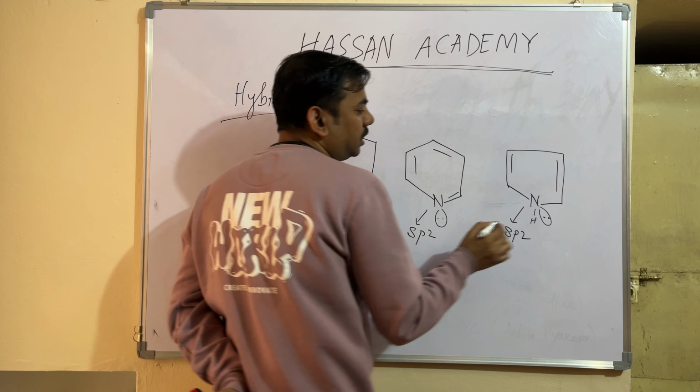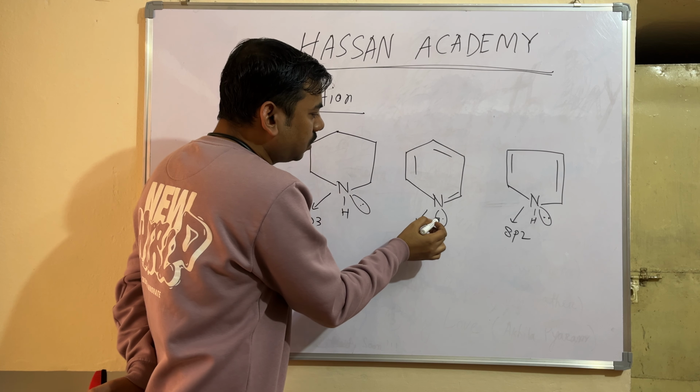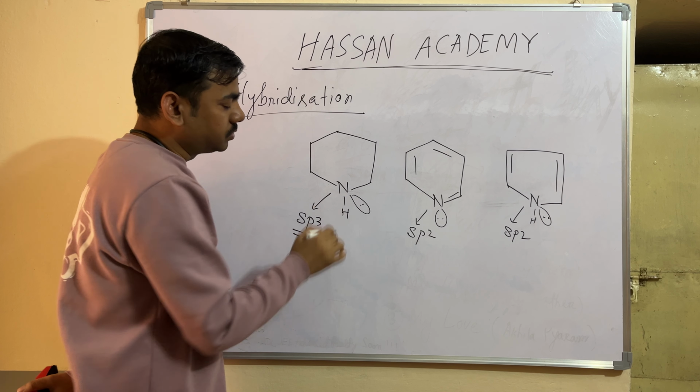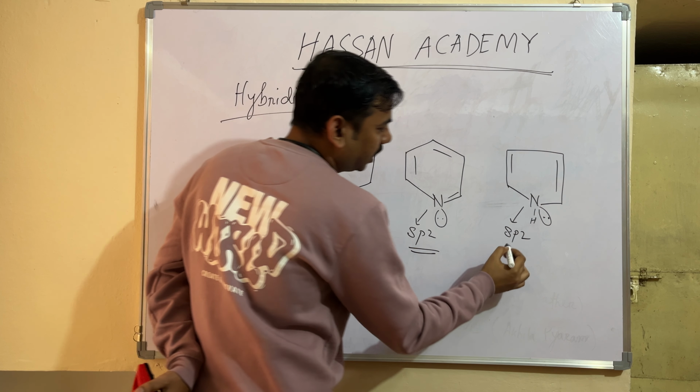You have to count only the 3 sigma bonds, because that lone pair is under conjugation, so you cannot count it. Here the lone pair is not under conjugation, so we are counting the lone pair also. So now you see here sp3, here sp2, here sp2.